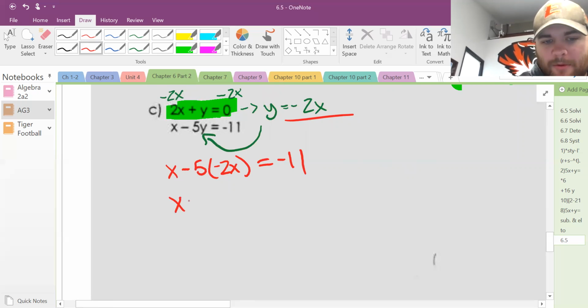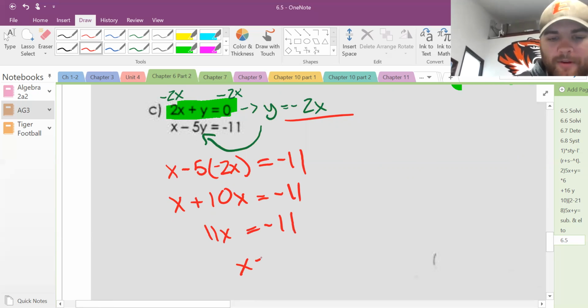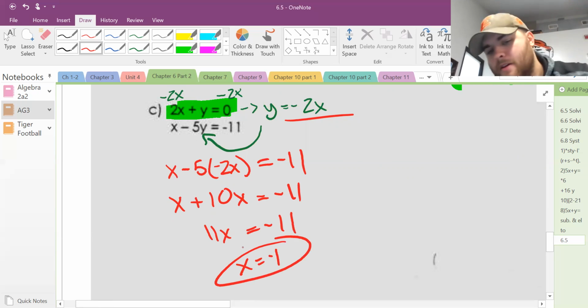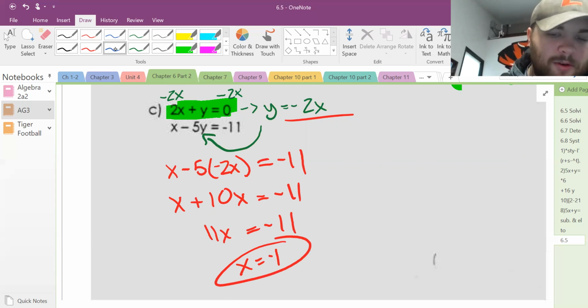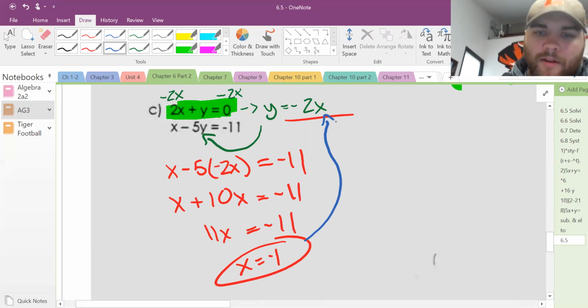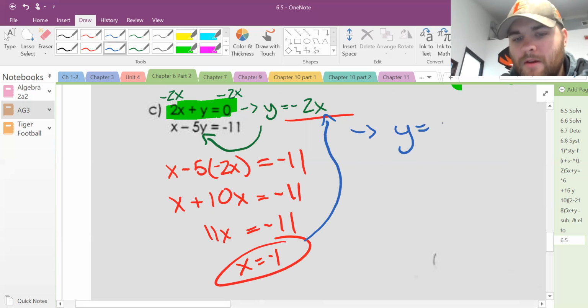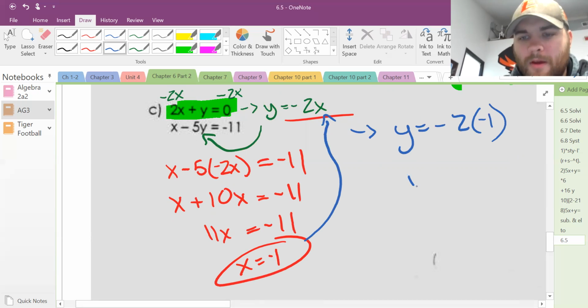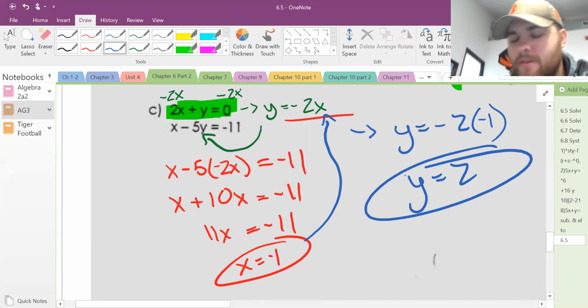So x plus 10x equals negative 11. x plus 10x is going to be 11x equals negative 11. x is going to equal negative 1. Where do you plug that back into? You plug it back into this one. It'll be the easiest, right? So we get y equals negative 2 times negative 1. y is going to be a positive 2.